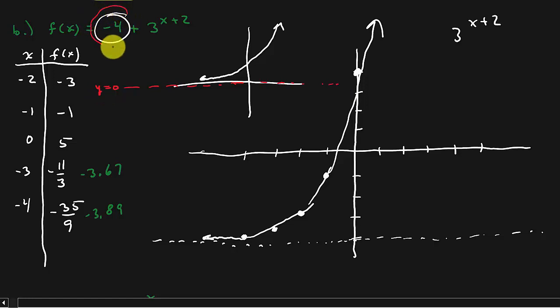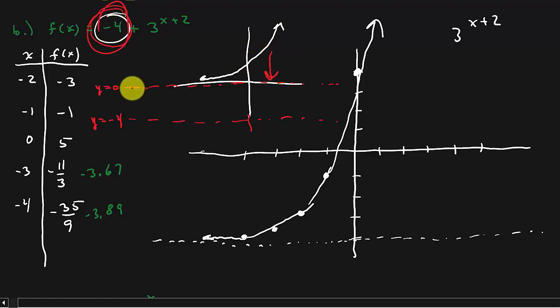But what is this negative 4 actually doing? It's shifting this line down. You see that? It's shifting the line down 4 units. So y equals negative 4 becomes our horizontal asymptote. So if we have 3 to the x plus 2, all it's doing is shifting this down 4 units.